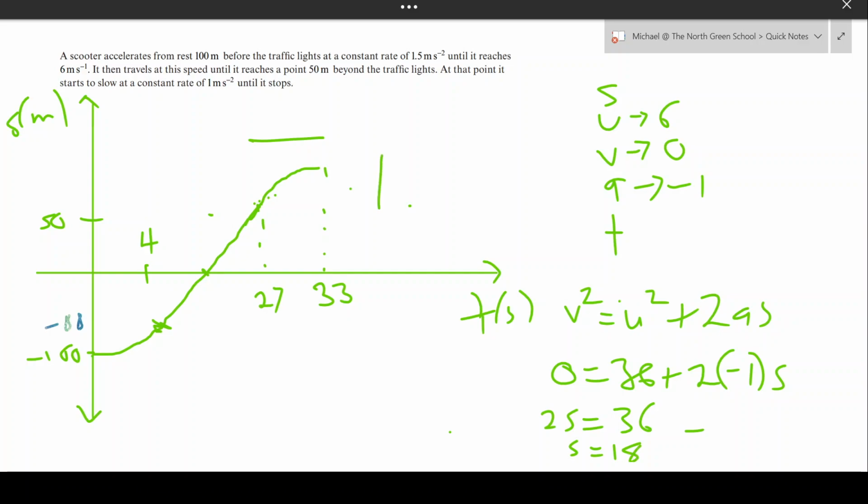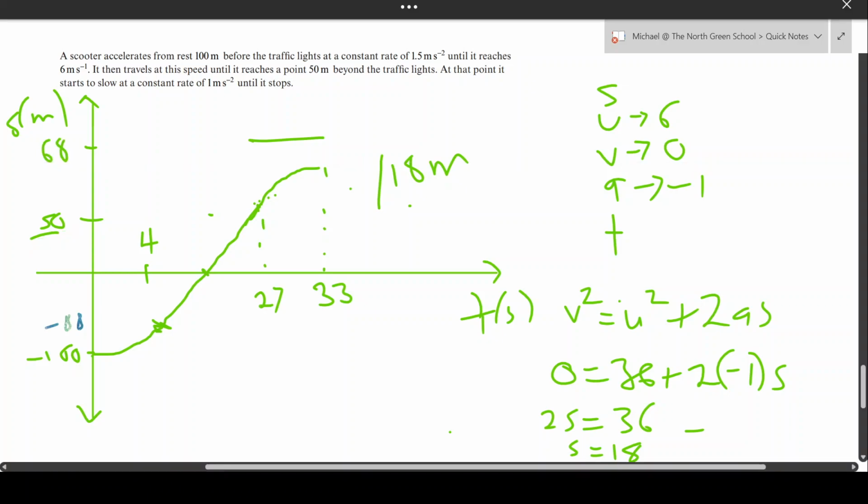So that's 18 meters for that section. Always remember not to put the 18 right there; pay attention to the initial displacement you already had on your diagram. If that's 50, you need 50 plus 18, which is 68 meters. That's basically the answer for that question. That's it.